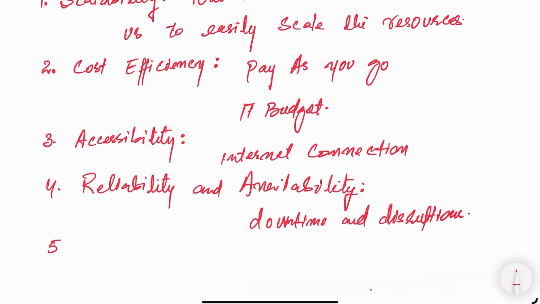Number five in the category of advantages of cloud computing is security, as compared to traditional computing. When we talk about the security of cloud computing, while security concerns are often cited as barriers to cloud adoption, reputable cloud providers invest heavily in security measures to protect their users' data, and this includes encryption, identity and access management, and compliance certifications.